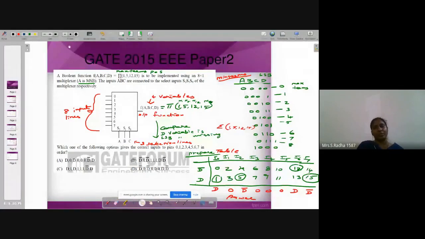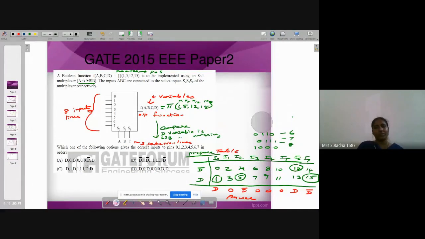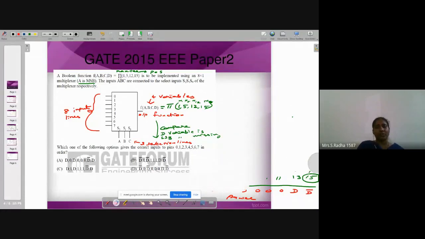Now, if you go with max terms, this is a new question. Generally, min terms will be asked, and min terms are easy to understand and easy for calculation also. So if they ask for max term, what do you have to do? I have erased all the things which are not related to this question.